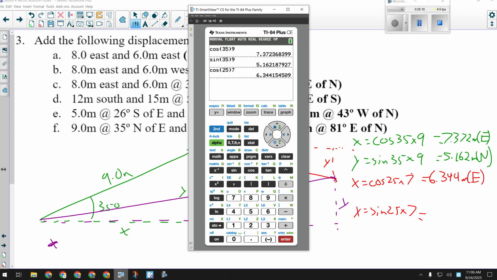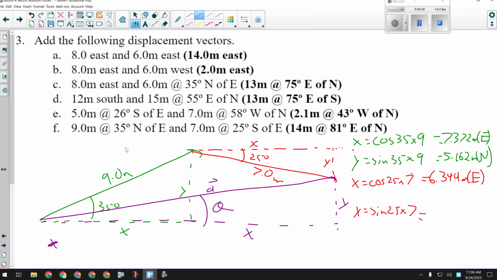And for the Y component, it's going to be south. Sine of 25 times 7 will be 2.958 meters south. All right, so I only have to watch my y components. One's north and one's south. The x components both go east, so I can just add them together.